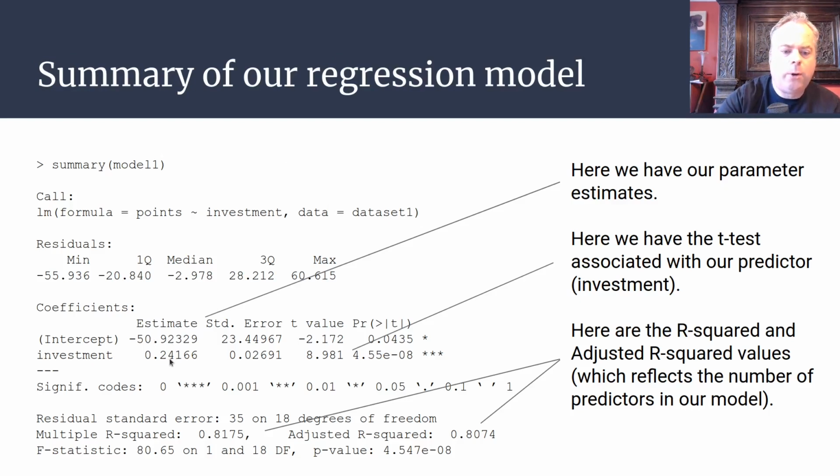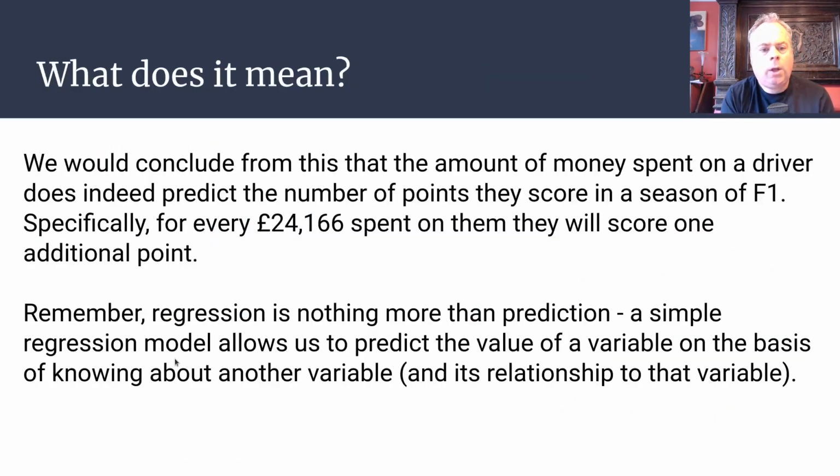So if we multiply 0.24 by 100,000, then we can actually interpret it. We would conclude on the basis of this model that the amount of money spent on a driver does indeed predict the number of points they score in a season of Formula One. And specifically, for every £24,000 spent, they will score 1 additional point. And that's how we interpret this sort of output associated with a simple linear regression equation.